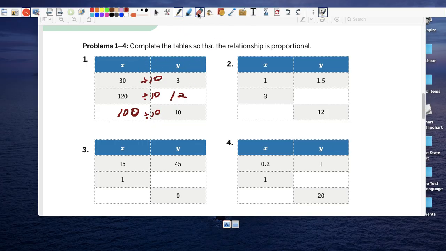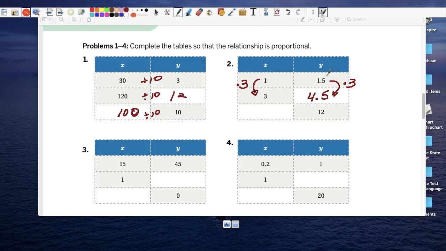Now, on this side, number 2. 1 times what is 3? It's times 3, so I'm going to write times 3. What's 1.5 times 3? It would be 4.5.